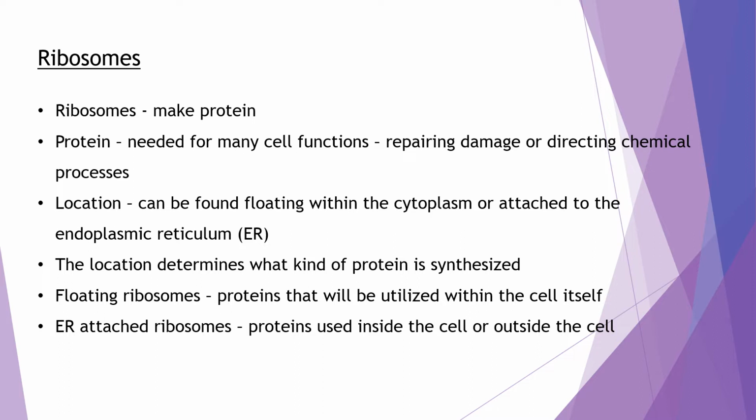Such an endoplasmic reticulum that is associated with ribosomes, or that is attached with ribosomes, is called the rough endoplasmic reticulum. And essentially, this location of the ribosome indicates what kind of protein it synthesizes.